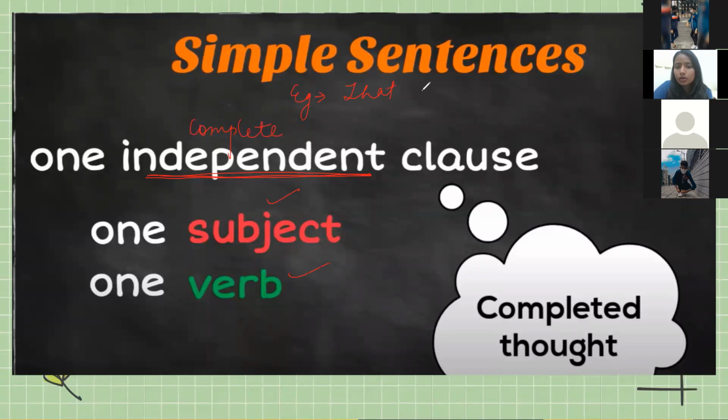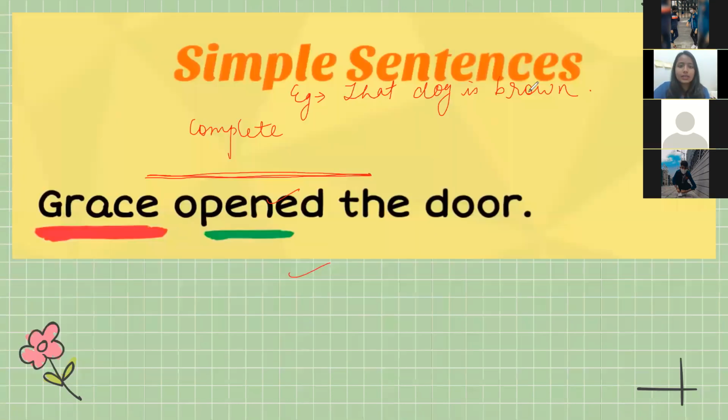that dog is brown. Okay. So this is a simple sentence because it has a subject and a verb. Okay. Next one. Example again they have given here. Grace opened the door. Okay. This is one more example. Till here now you're clear.